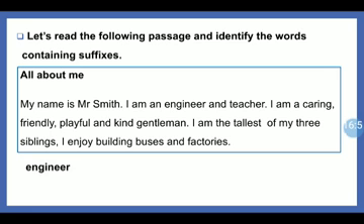Engineer. What do you think we add to the word engineer? We add E-E-R. Teacher. What would we add for teacher? E-R. What about caring? In this case, we will have to do some changes. So we'll have to change our E to I and add N-G.